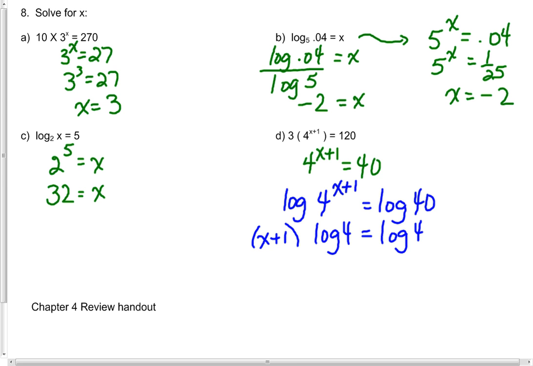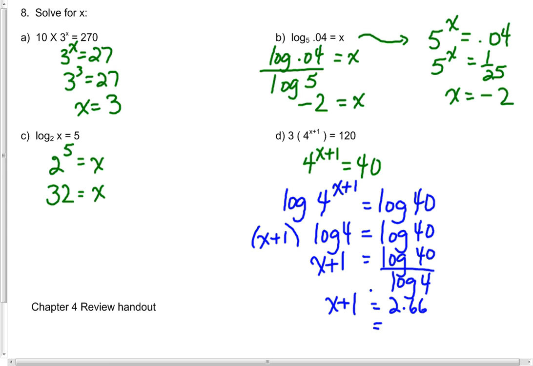I'm going to divide both sides by log 4. I'll be left with x plus 1 is approximately equal to 2.66, and subtract 1 from both sides, approximately 1.66.